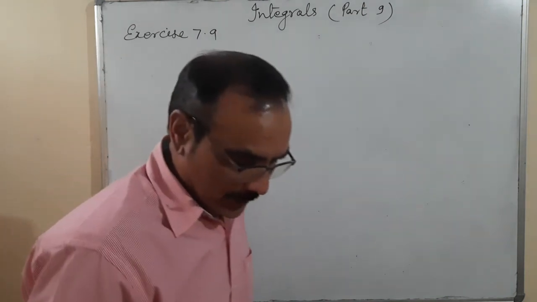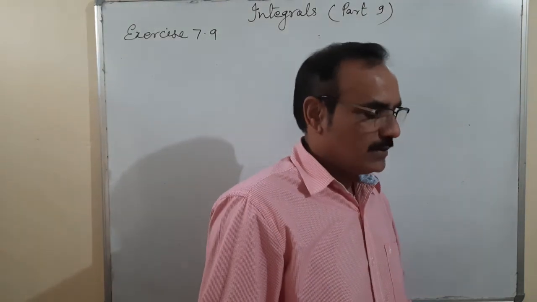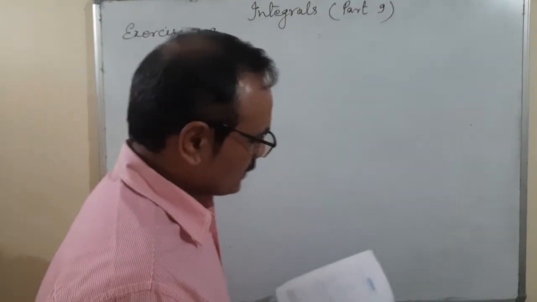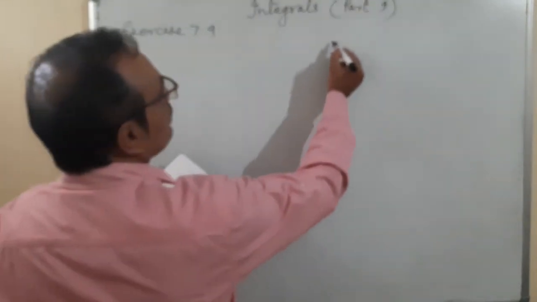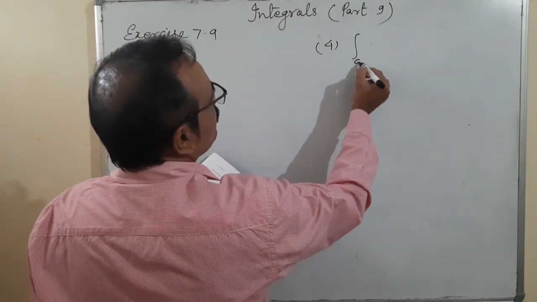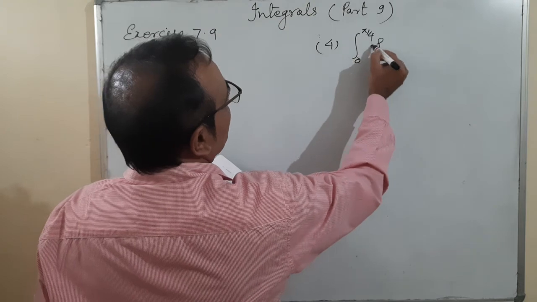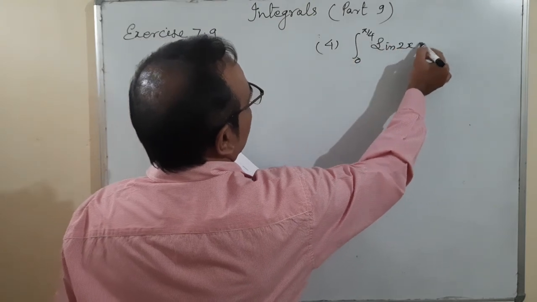Now taking some trigonometric function questions, like 0 to pi by 4 sine 2x. Question number 4: 0 to pi by 4 sine 2x dx.